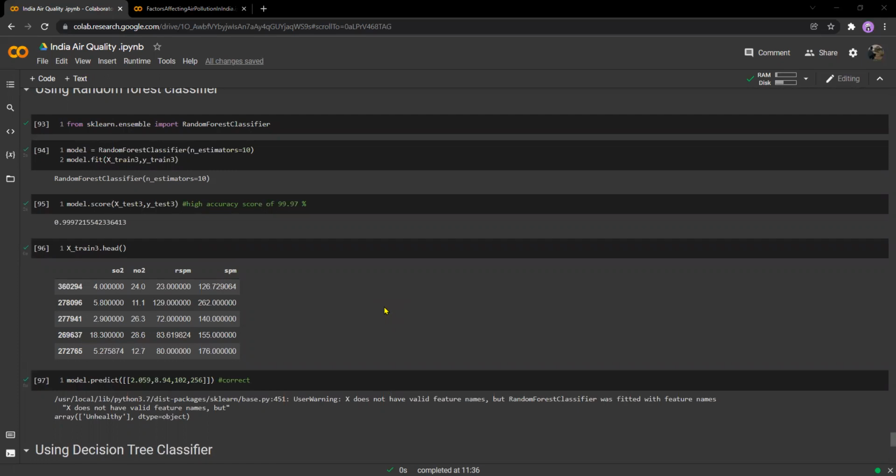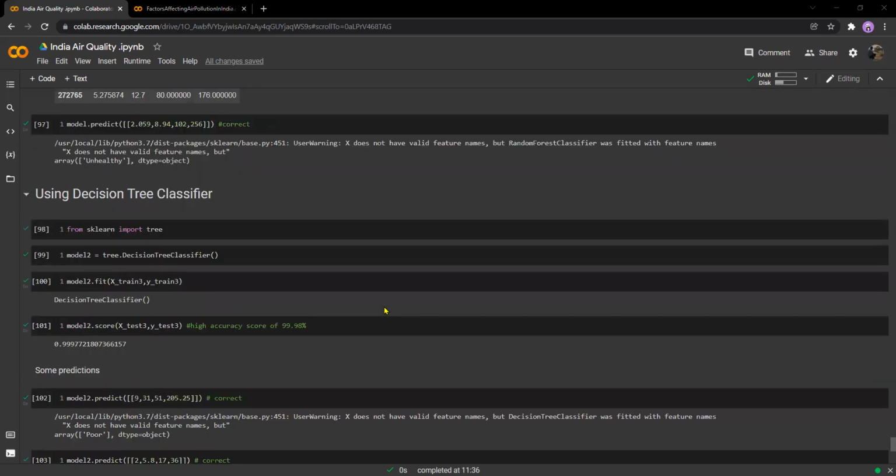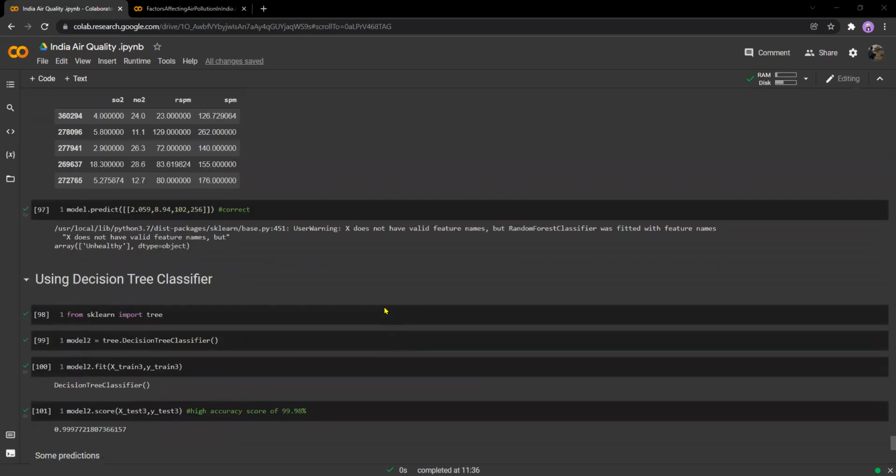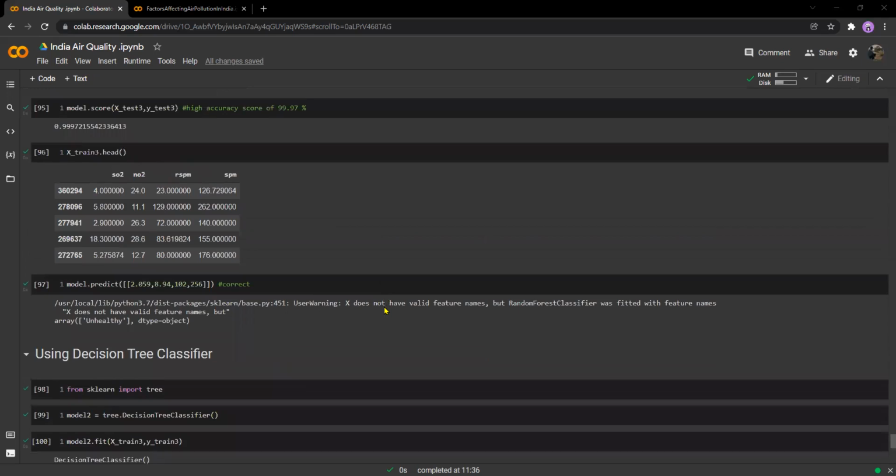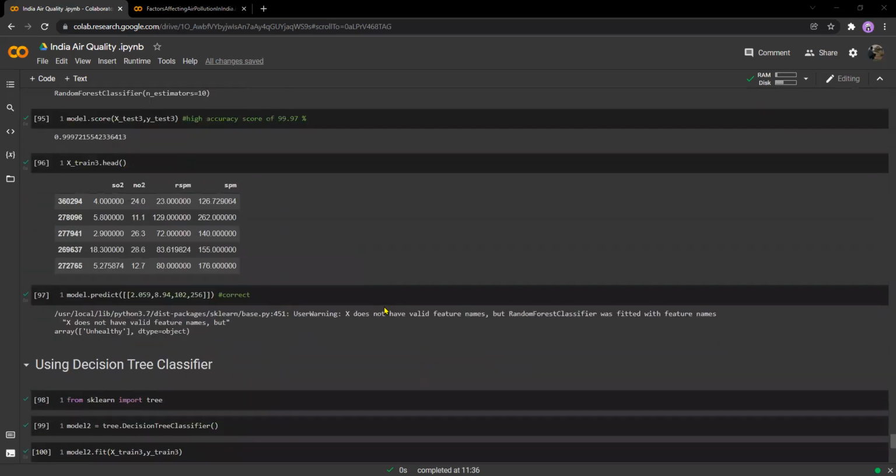So this gives us the accurate result, whatever we need. So we have imported the random forest classifier from the sklearn model, and further we have tested and predicted all the results. Here we got the highest accuracy score of 96 point something, and after predicting we have got the correct answer.